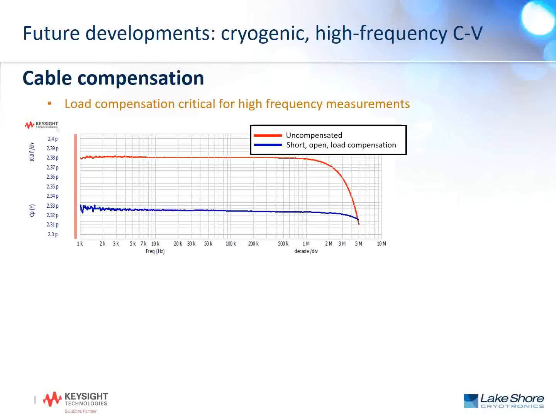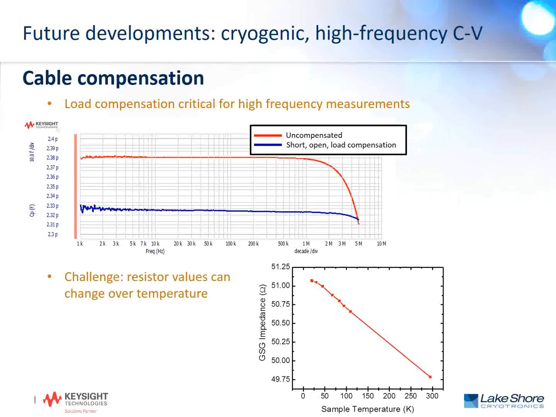Now, the challenge for including this load compensation into a cryogenic CV measurement is that resistor values change over temperatures. And so the plot we show there is for a trimmed, well-defined carbon resistor. And even for a high-quality resistor like that, we're seeing a few percent change in the resistance, which is going to propagate as errors in the CV compensation.